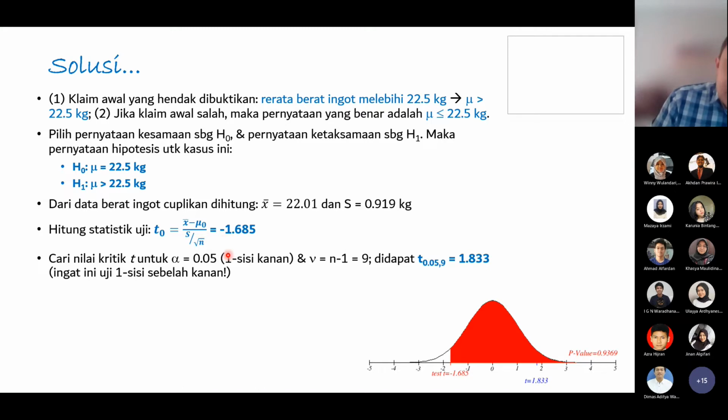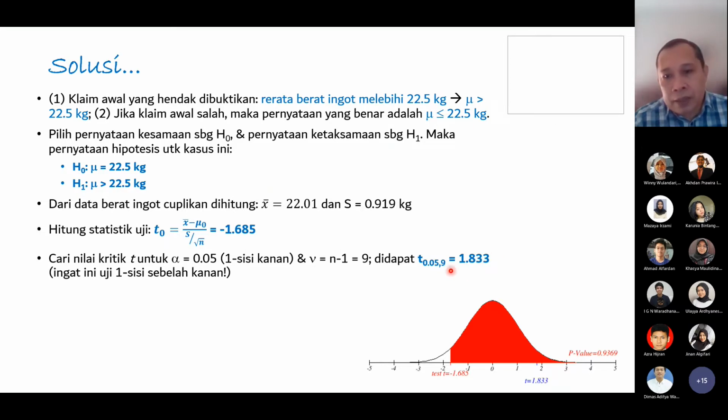This happens because the sample mean is less than the reference value, yet the problem is a one-sided right-hand side hypothesis test. So then we find the critical value for alpha 5% for a one-sided right-hand side test at a degree of freedom of 9, and we obtain the value to be 1.833.